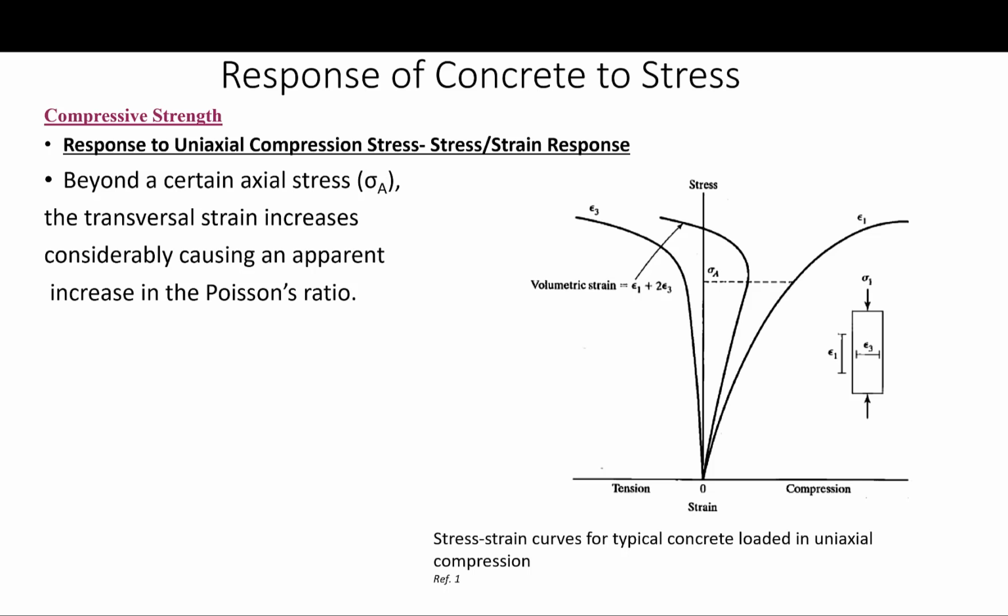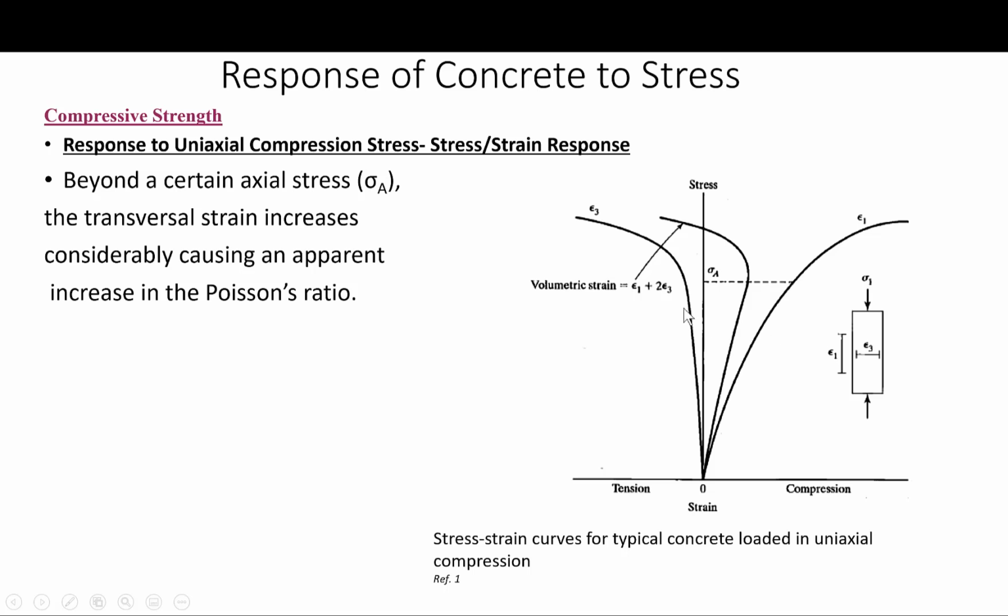So again, this behavior is closely related to the composite nature of concrete, since for hardened cement paste alone in compression, the volume decreases continuously until failure occurs. So as you can see, this is the direction of the loading, right?